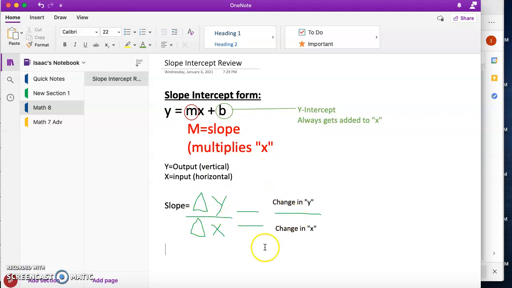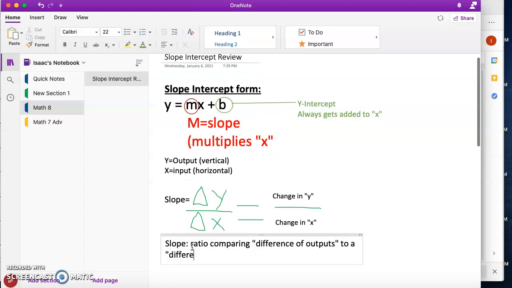All this information right here is a way of saying slope. The big idea, the concept of it, is that it's a ratio comparing difference of outputs to a difference of inputs.